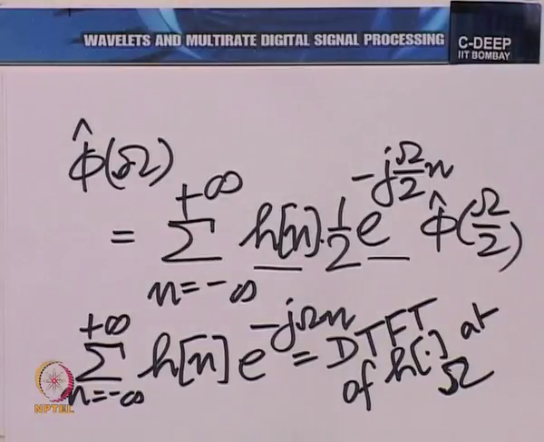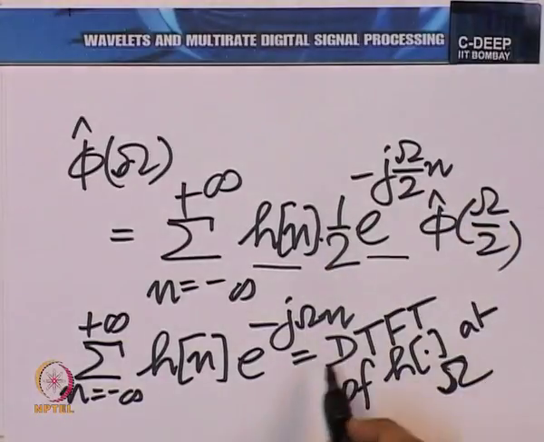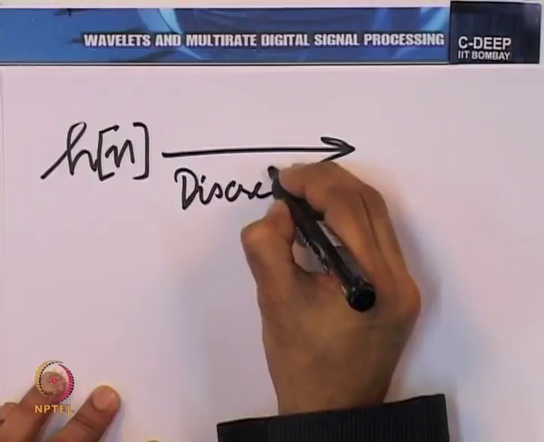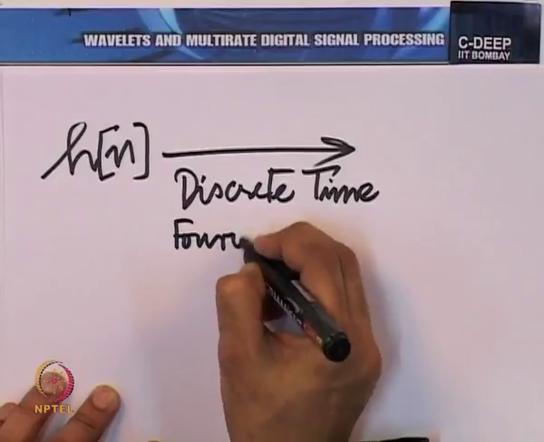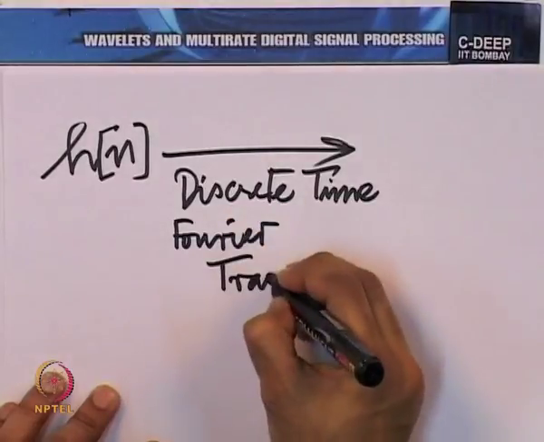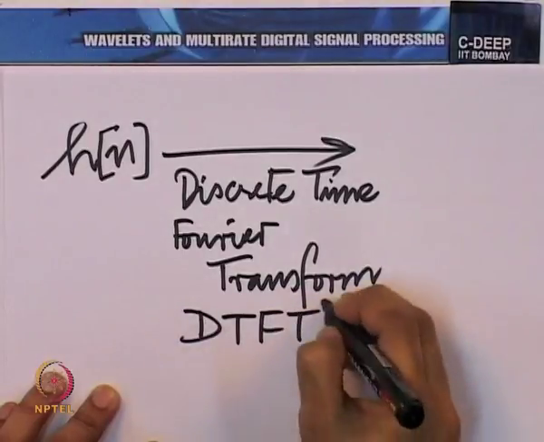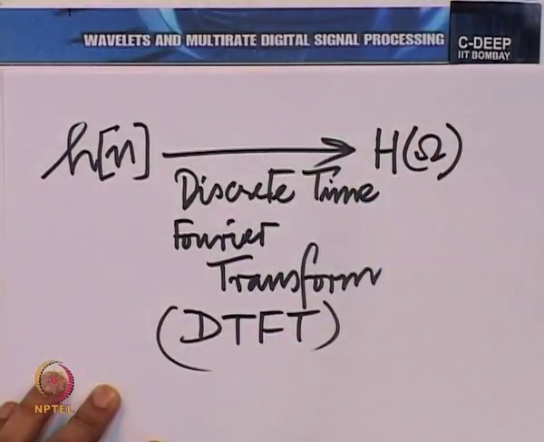So, all that we have done in this expression is that we have replaced capital omega by omega by 2 from this point, and we will again use the notation that we have been using. So, we are saying if h of n has the discrete time Fourier transform, or DTFT, given by capital H of omega.